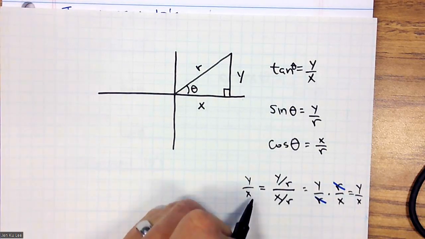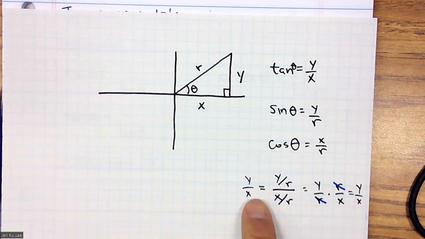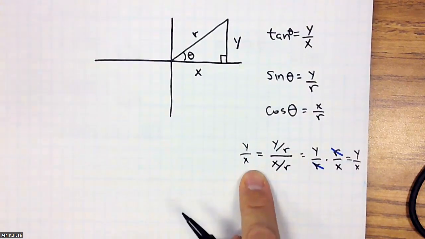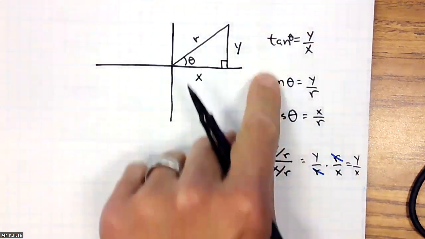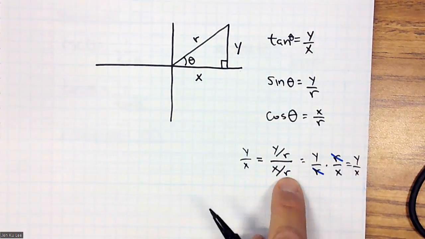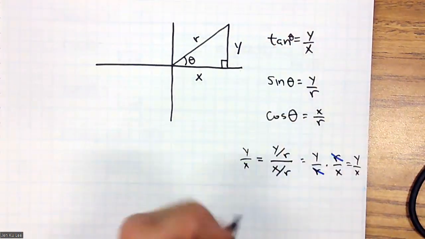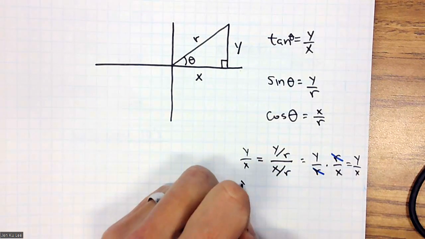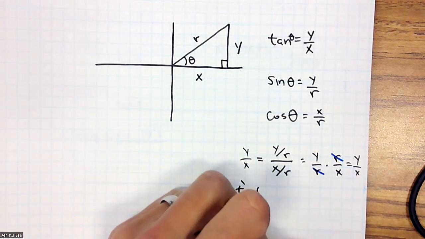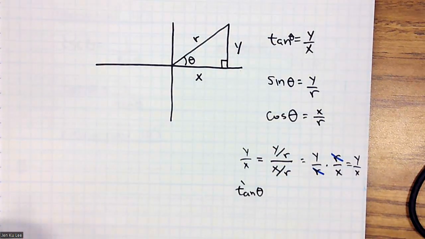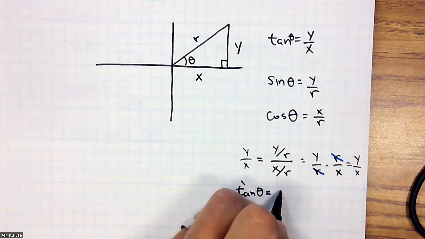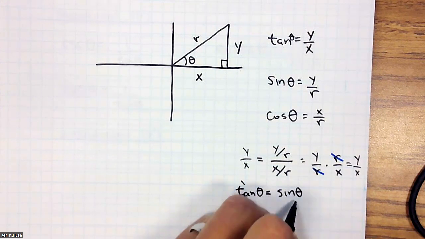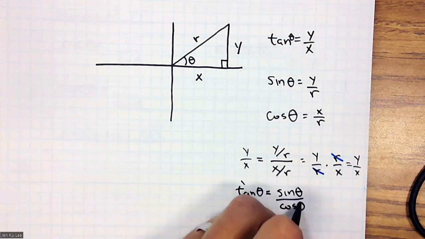So tangent of theta is going to equal y over r, which is sine, over cosine.